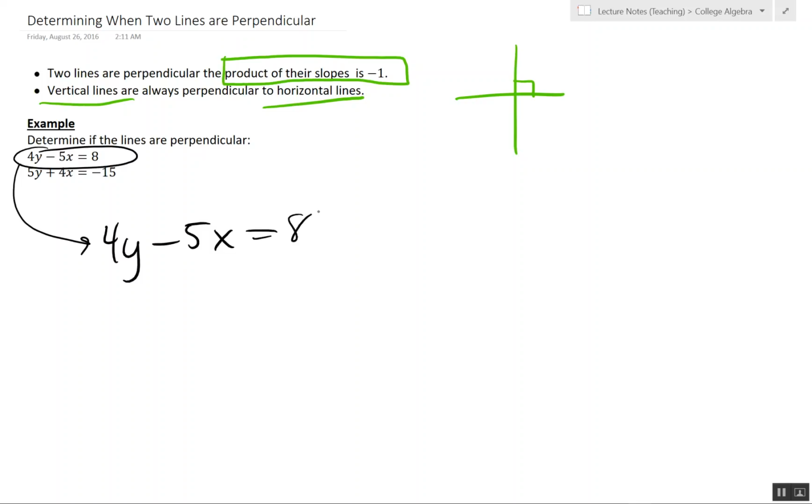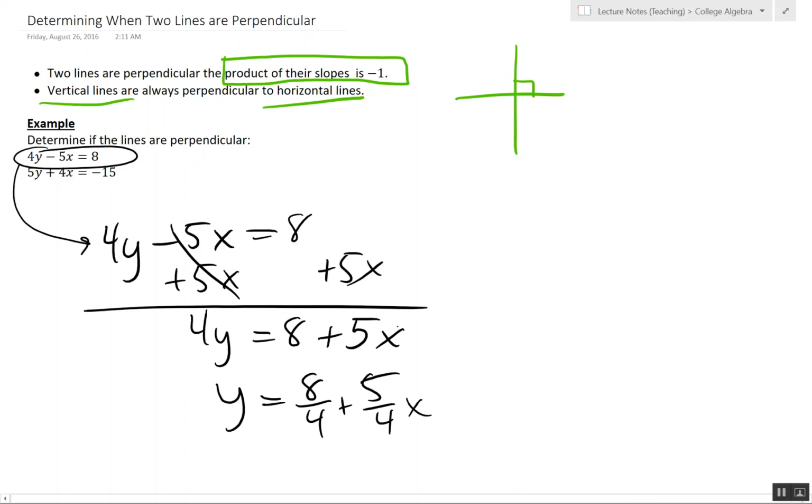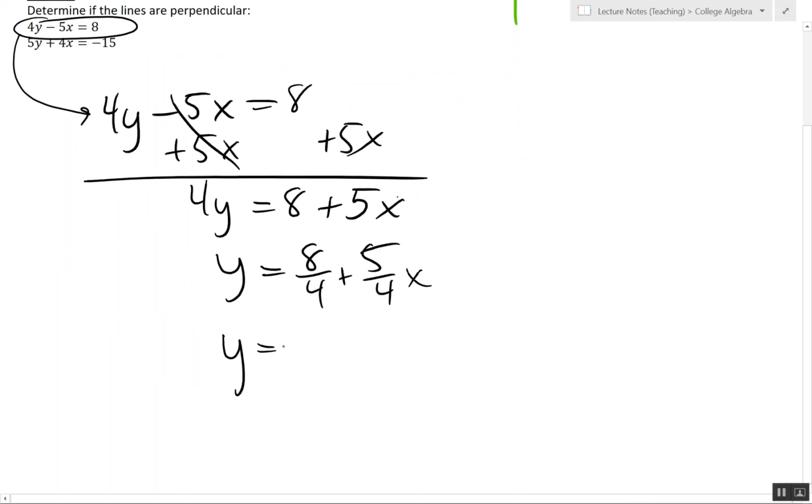So we just want to solve this for y, so we're going to add 5x to both sides. These cancel, and we get 4y equals 8 plus 5x. Then we're going to divide both sides by 4. And we're going to get 8 over 4 plus 5 over 4x, and then the 8 over 4 simplifies to a 2.